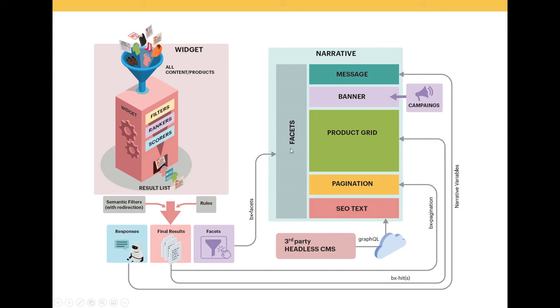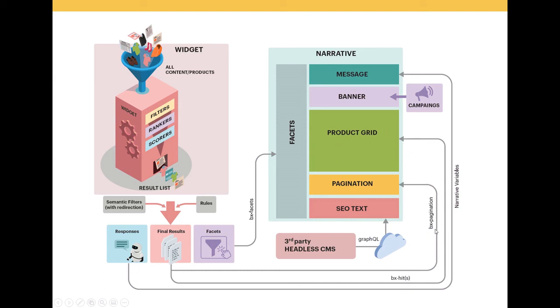So because your internal team has configured the layout block facets with that option, then automatically it will get the facets of the widget. The same goes for the pagination and the list of products.